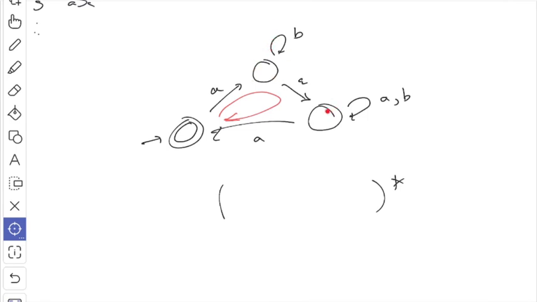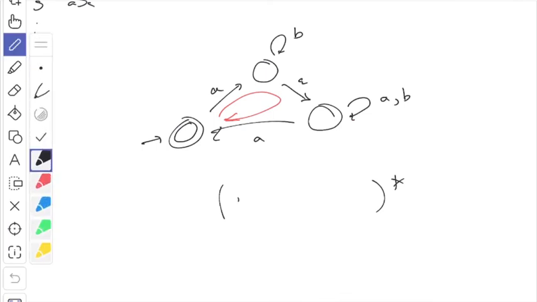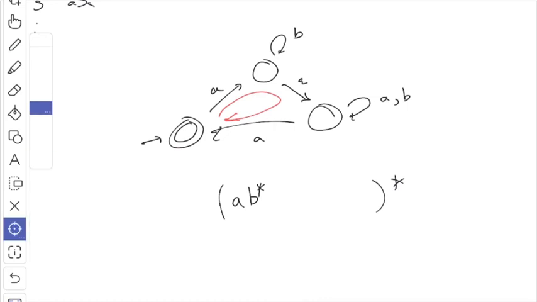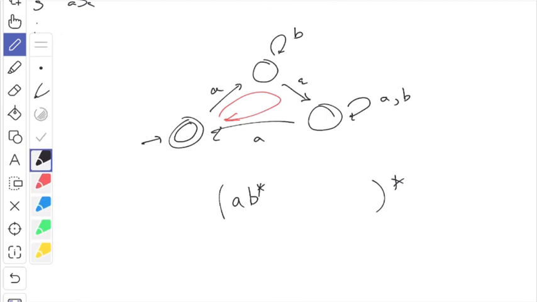Then you could do some A's or B's in here if you want, and then you could do A. So it's something like A first, and then maybe you do some B's. So I put a B star there. That means you've got to do this A, and then you can do some B's here if you want to. And then you do epsilon, actually, so if you want, you could put epsilon here, although in a regular expression that doesn't do anything.